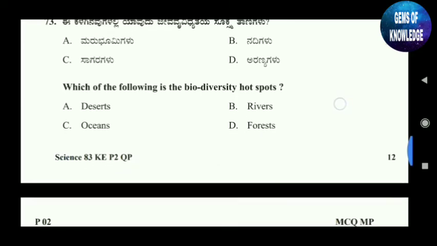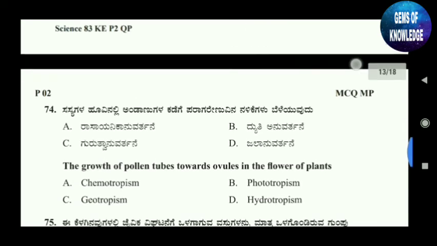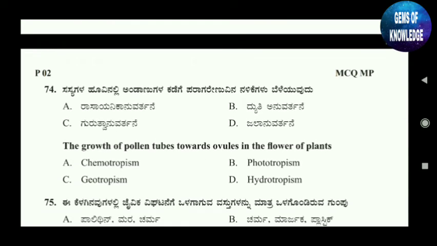Okay, so next is the growth of pollen tube towards ovules in the flower of a plant. So this process is nothing but known as chemotropism. Okay, where the growth of pollen tube towards ovule is the process of chemical process, and that process is nothing but known as chemotropism.